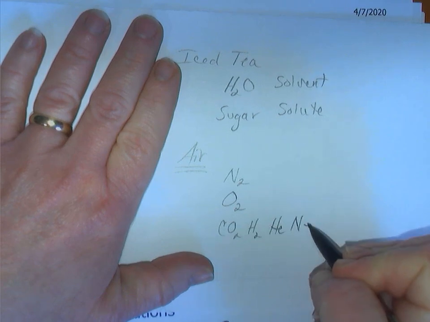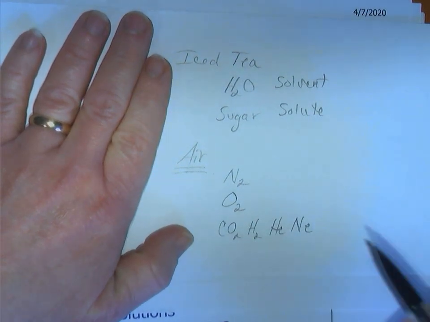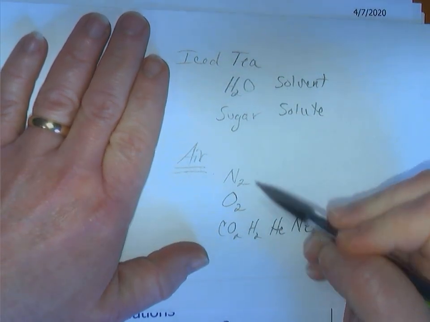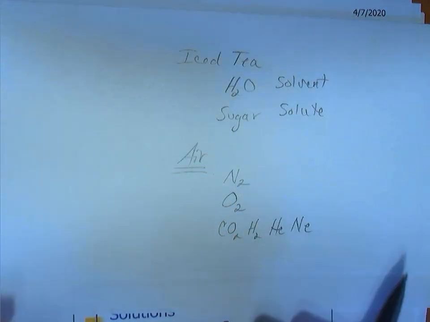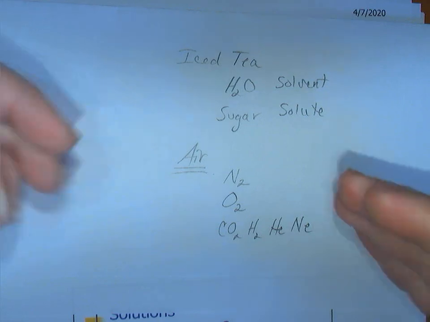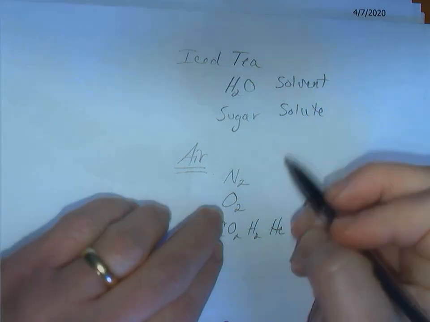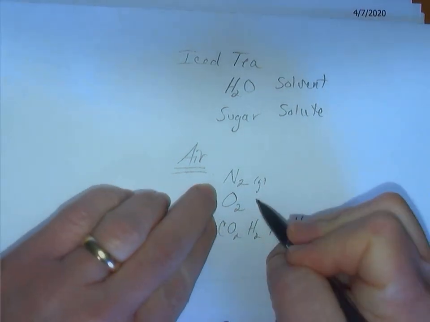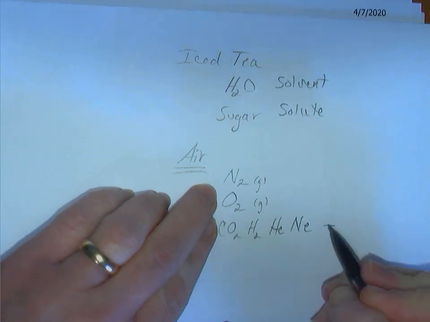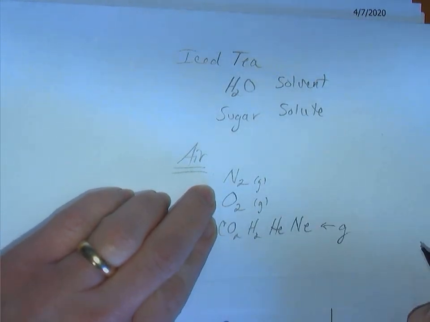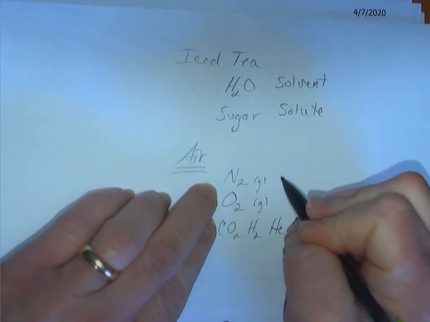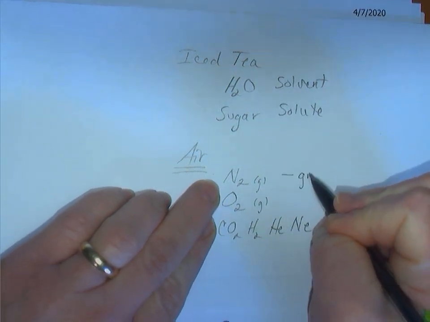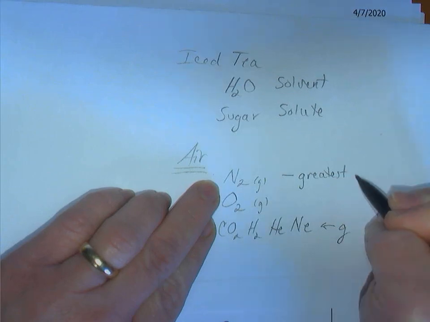Well, it's a little hard sometimes when your solution is made of solute and solvent that are of the same phase. So we know in air, nitrogen is a gas, oxygen is a gas, as well as all the other substances. How do we know what is the solvent then? The solvent will be in the greatest amount.